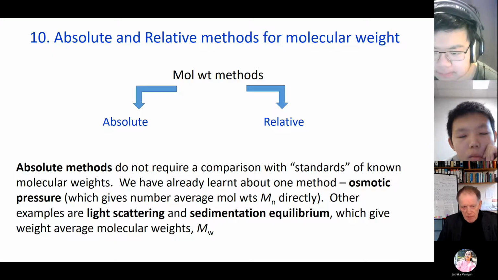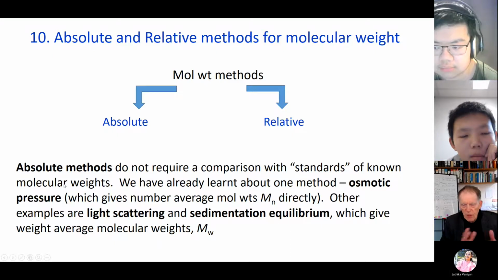But absolute methods do not require a comparison with standard molecules of known molecular weight. They don't require a comparison. They give you the molecular weight directly without referring to comparisons with other materials of known molecular weight.